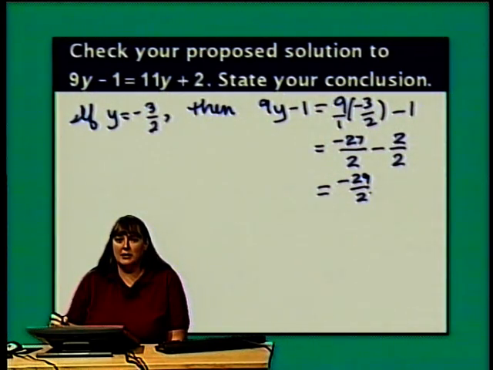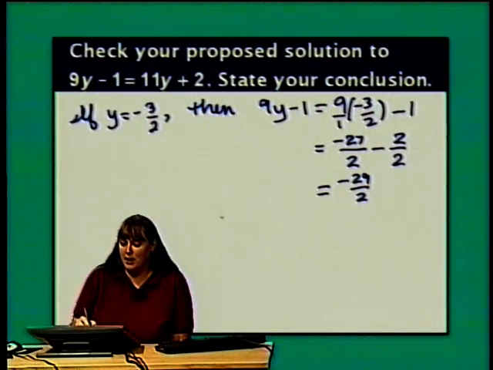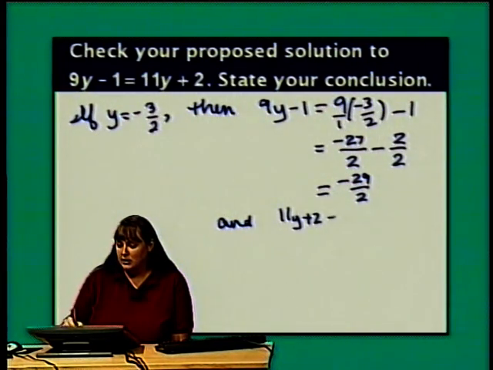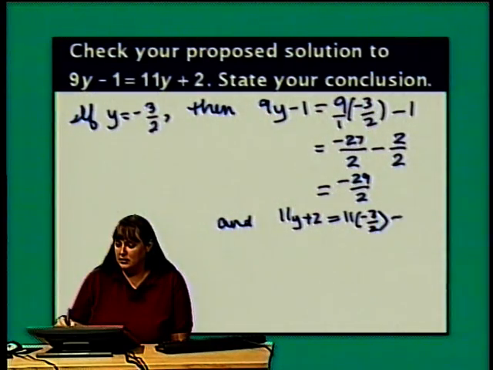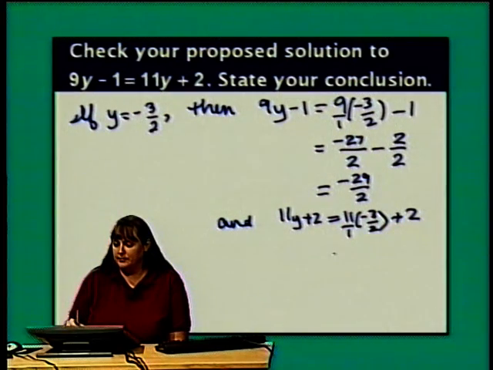Now I want to evaluate 11y plus 2 when y equals negative 3 halves. So if y equals negative 3 halves, then 11y plus 2 equals 11 times negative 3 halves plus 2. I'll write the 11 over 1. 11 times negative 3 is negative 33 for my numerator.